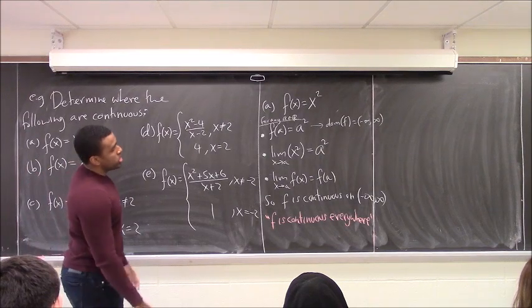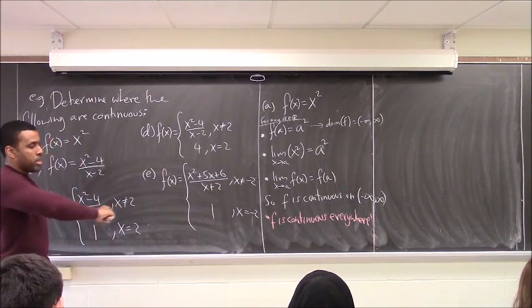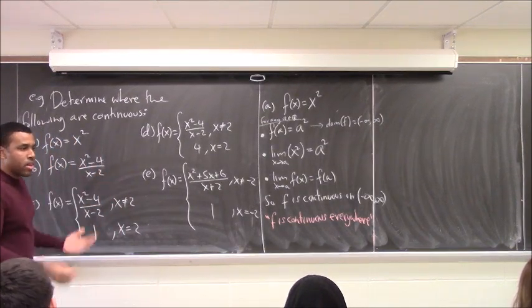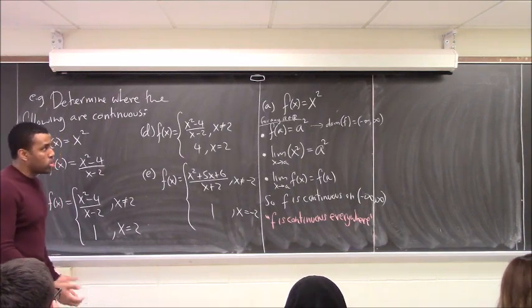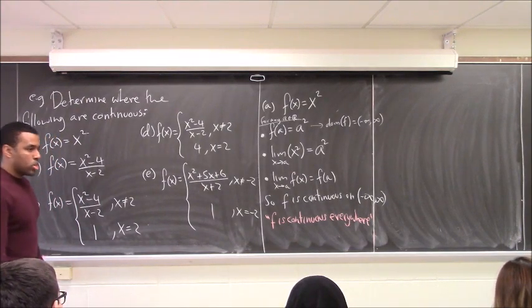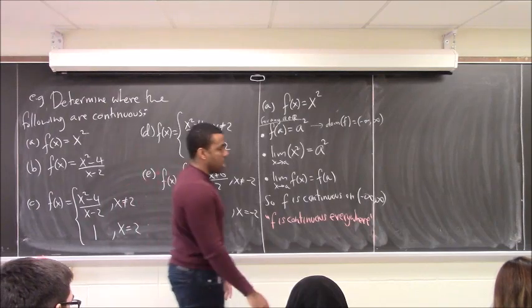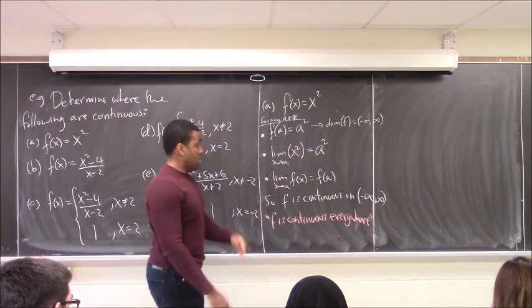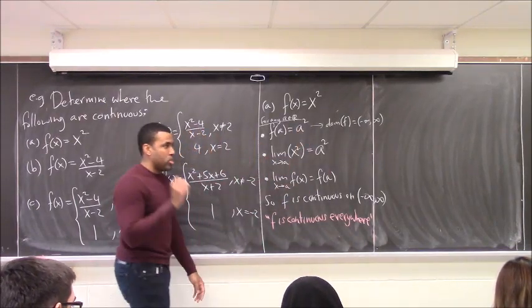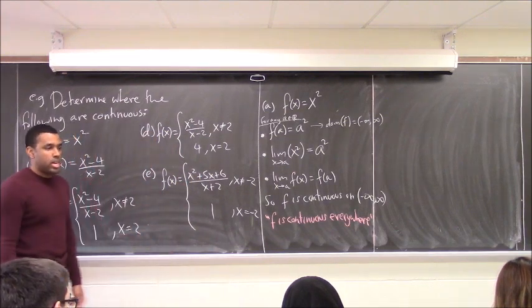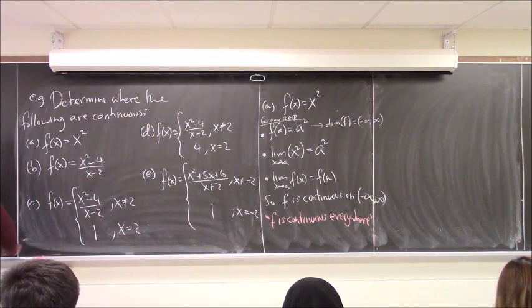Which means no matter which point you are, you can be graphing x squared and you'll, in theory, never have to lift your pencil. You will never have a hole or a gap or a break or a jump or some sort of messy thing happening with x squared. It's a very nice function. Literally at any point on the number line you can find a value and limits will work out nicely there. Everything will be cool.